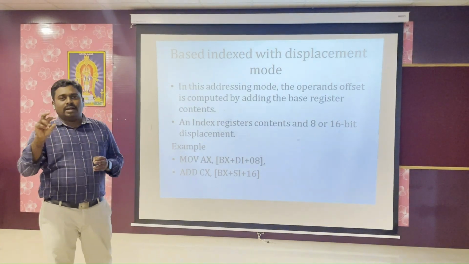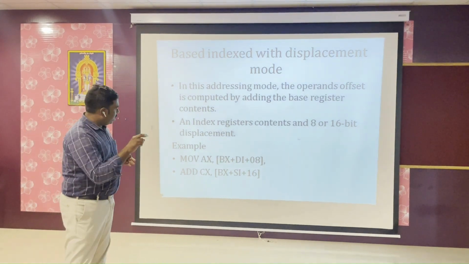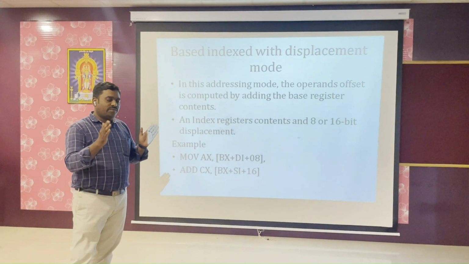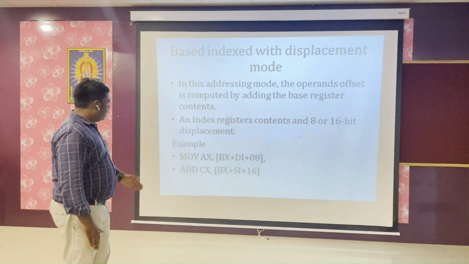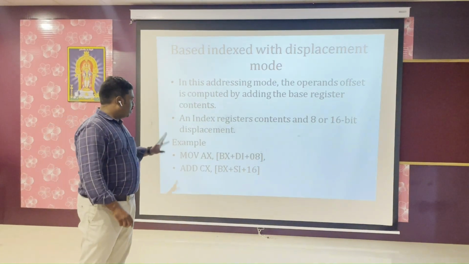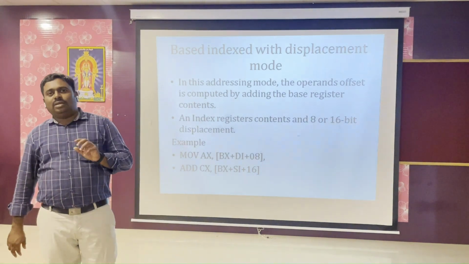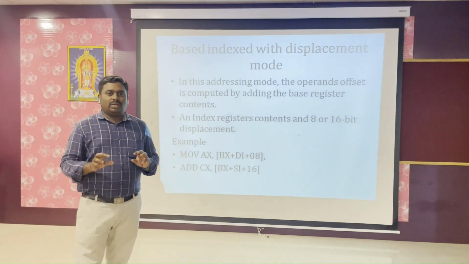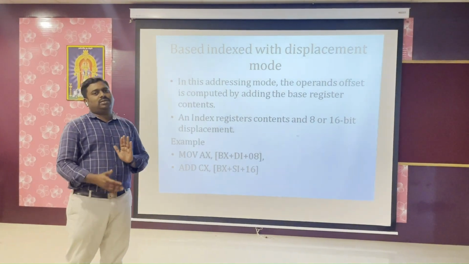After adding, we get one address, and the data at that address should be moved to the AX register. Another example, ADD CX, [BX plus SI plus 16]. Base register plus index register plus 16. The data at this address should be added with the CX and stored in the CX register.